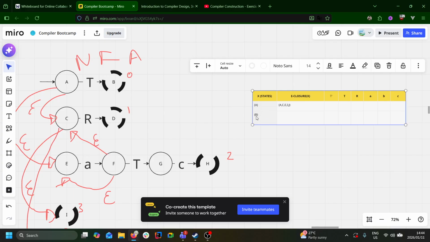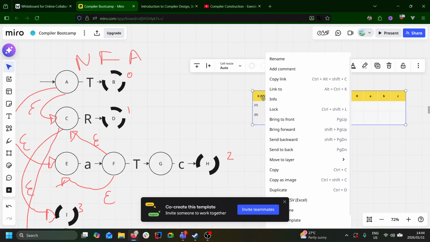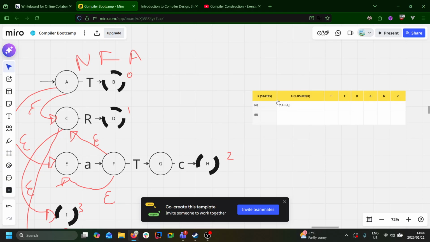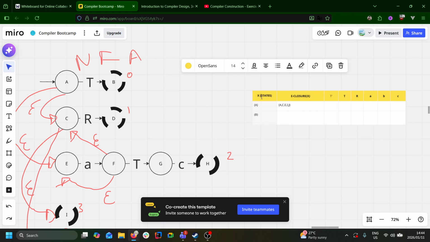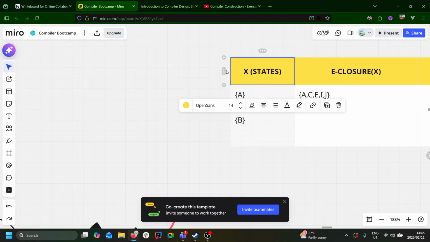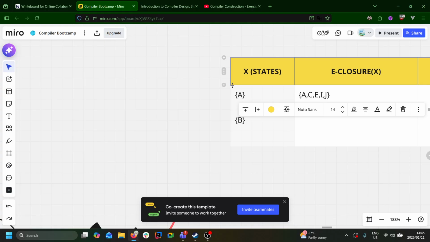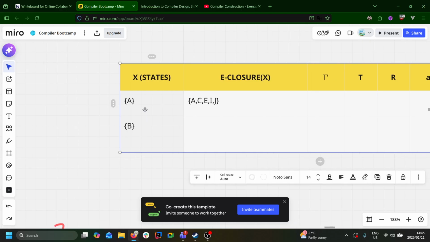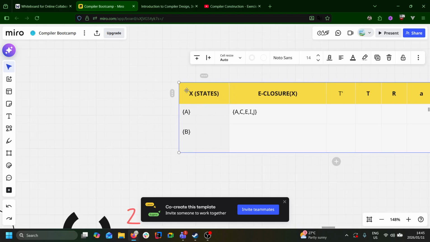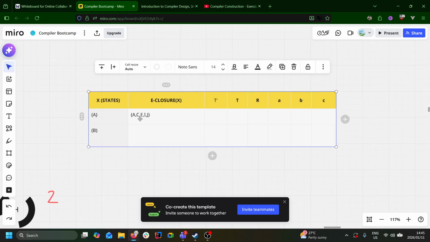And since this is B, there's another column I forgot to add. Let me just add a column. It's not there. Okay, let's add it. Not very usual. How do I do this? I'm trying to figure this out.